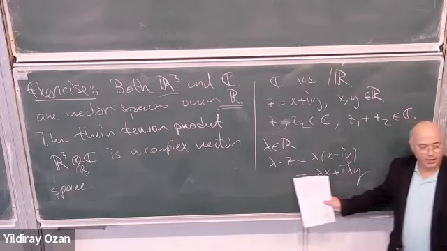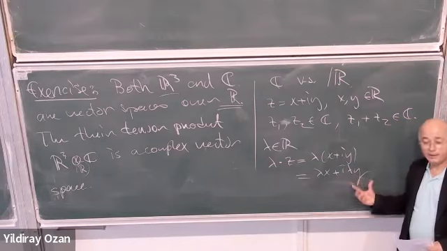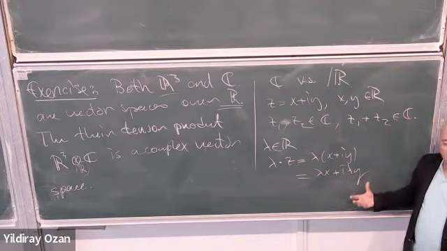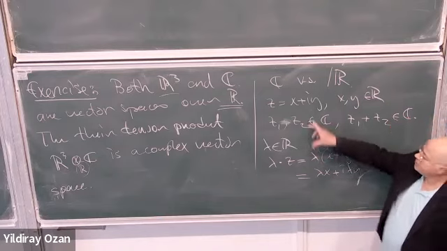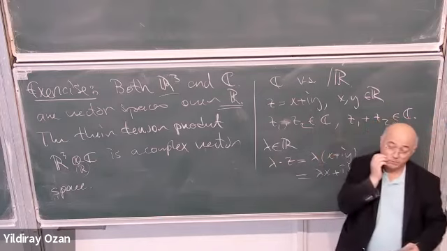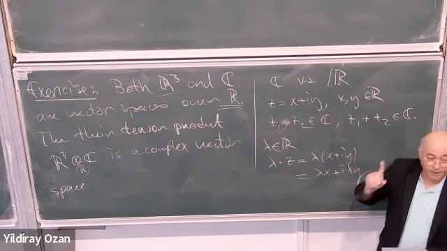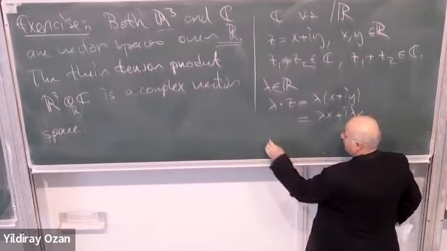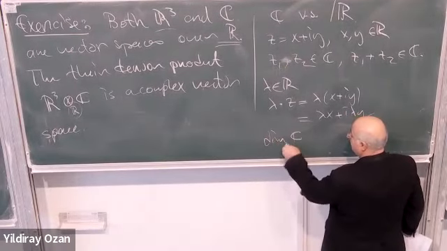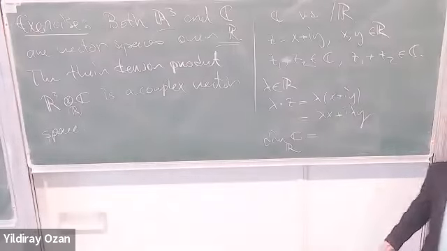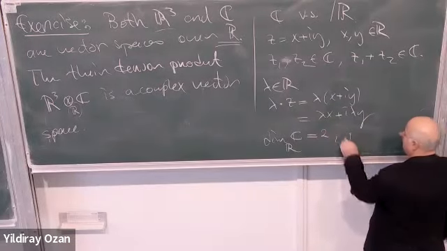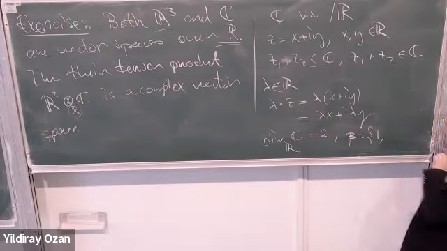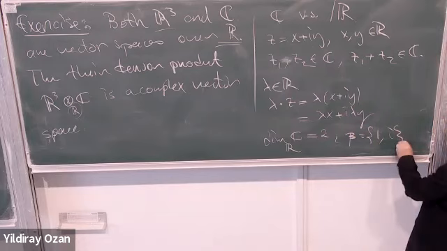Multiplication by a real number means you just multiply the real and imaginary parts. And with this operation, C becomes a real vector space. What is the dimension of C as a real vector space? The dimension of C as a real vector space is 2, and the basis is 1 and i. Okay, very good.